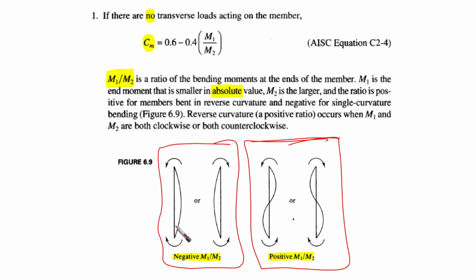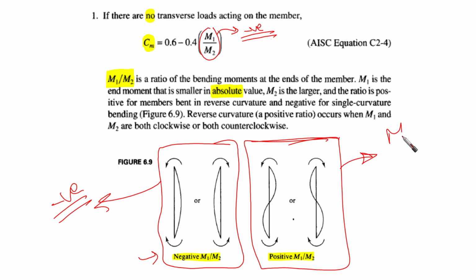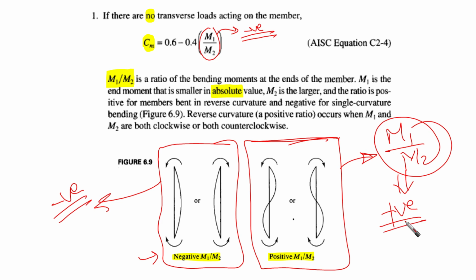Whenever the element has single curvature, it is important to know that M1 over M2 gives a negative value. But here M1 over M2 should always give a positive value.